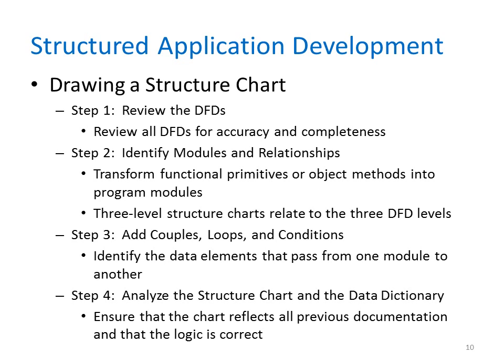analysis phase. A method is similar to a functional primitive, and it requires code to implement the necessary actions. Working from the logical model, your next step is to transform functional primitives into program modules. When analyzing a set of DFDs, remember, each DFD level represents a processing level.